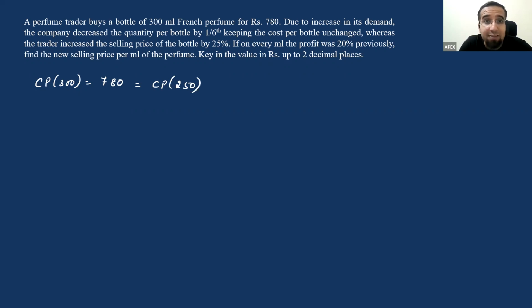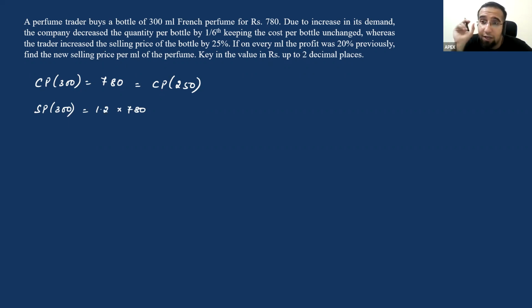Right now, what does the question talk about? Whereas the trader increased the selling price of the bottle by 25%. Now, this is a cost price. Okay. If the profit was 20% previously, can I say the selling price of 300 ml earlier was 1.2 of 780? Now, this price increased by 25%.